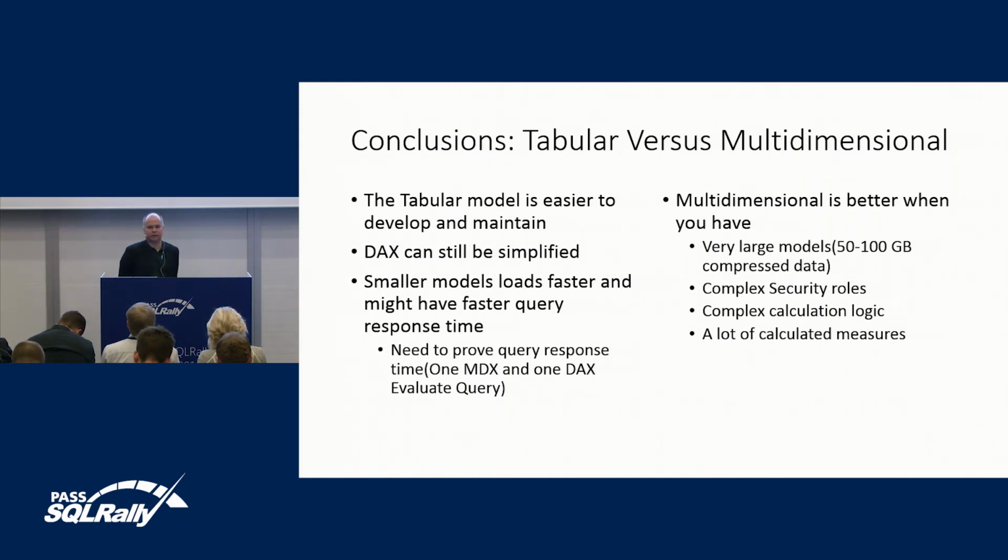Conclusions. Any questions this far? So we have gone from having studied the different parts of the multidimensional model. We had a decision point where we had to decide whether we could move it over to multidimensional or not, and that was okay in this case.